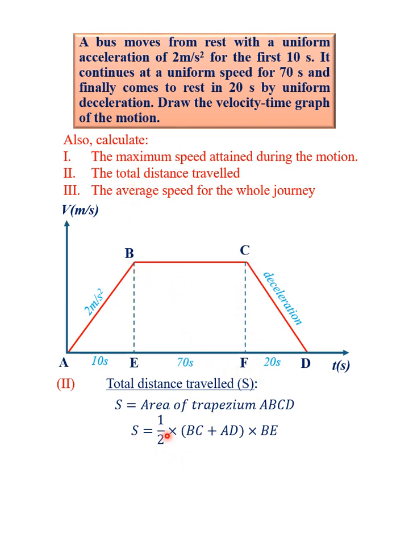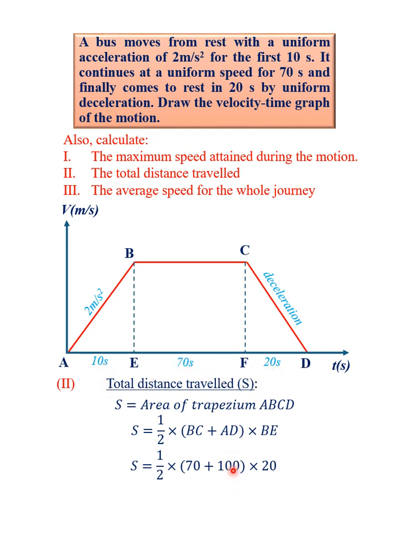So we are just going to put the figures inside this formula. The distance traveled is equal to half times BC, which is 70, the same as EF, plus AD. AD is the entire time taken, which is 10 plus 70, 80, plus 20, 100.